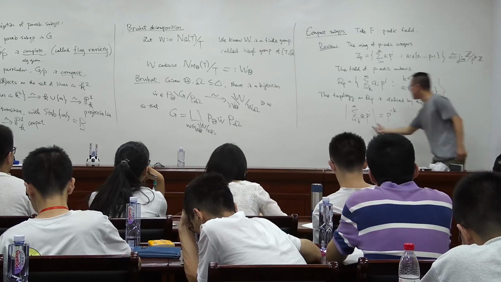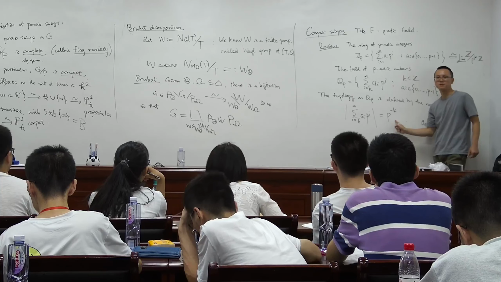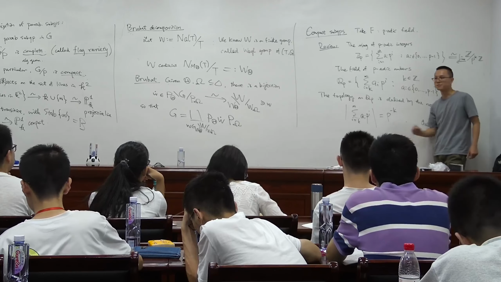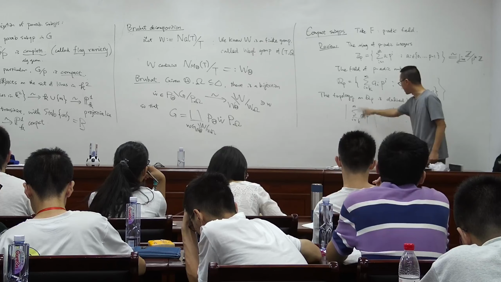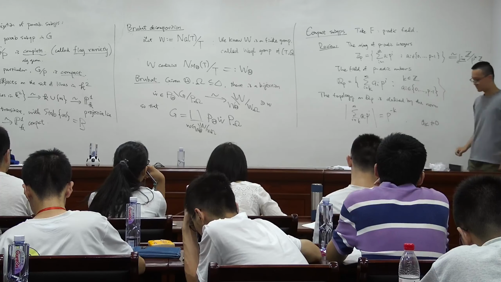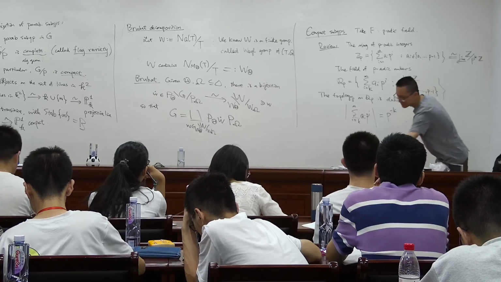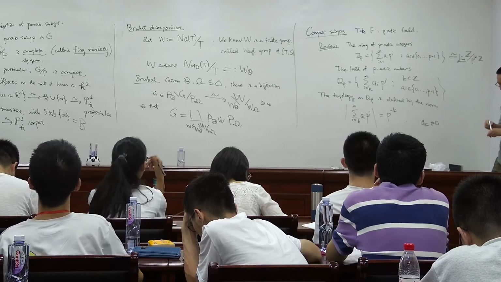That means if you take a large power of p, its length is small. So this Laurent series actually converges in the Cauchy sense, you can check.